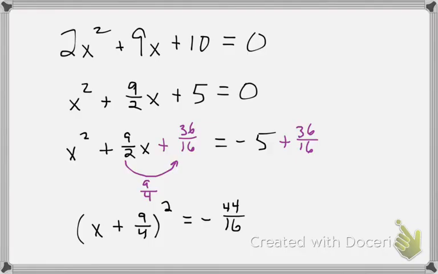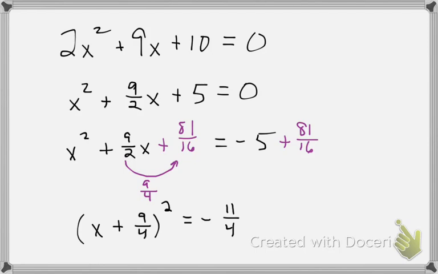Negative 11 over 4? No, it's not 36. What is 9 squared? 81. That's all right.